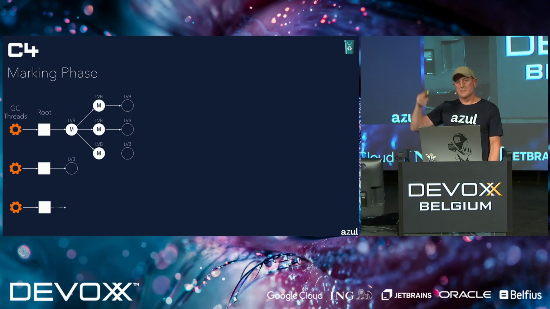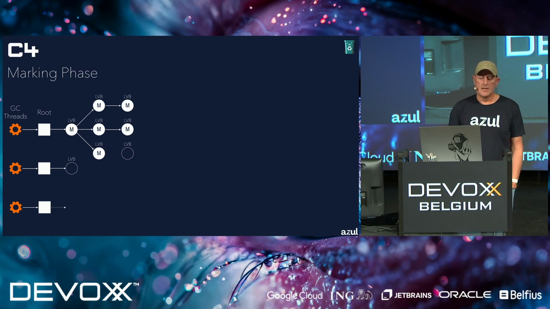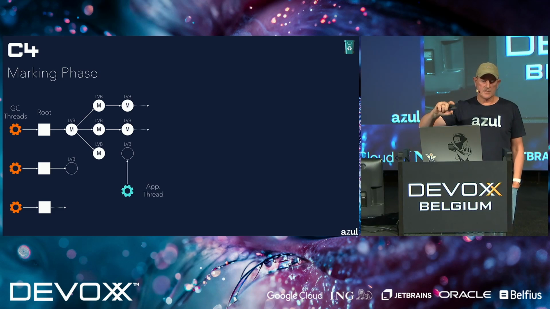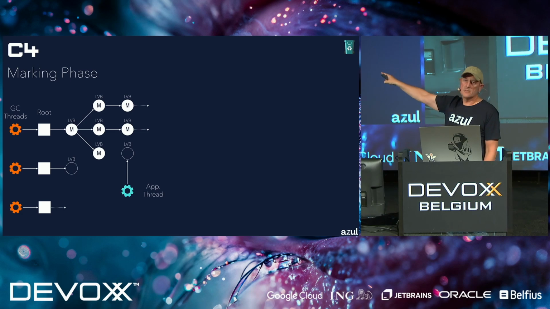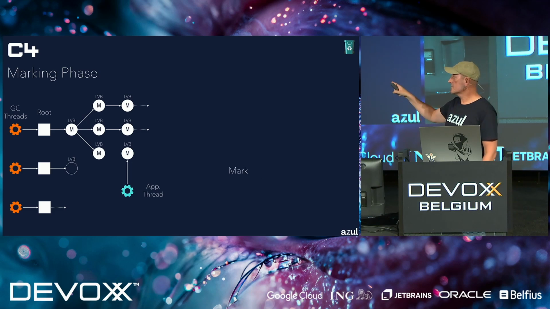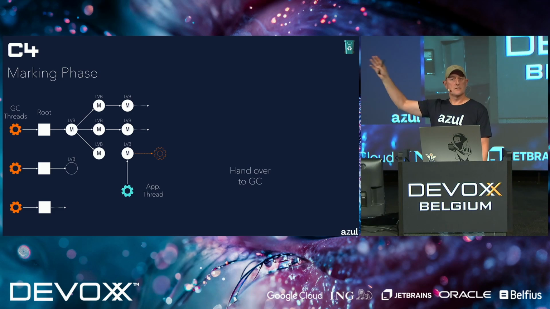The garbage collector follows all these references through the heap, and then suddenly the application steps in and allocates a new cell. Now the big difference is, once the application thread does that, it hits the loaded value barrier, and that leads to it marking the cell. The one CPU instruction, test and jump, will mark the cell, and then pass it to the garbage collector.